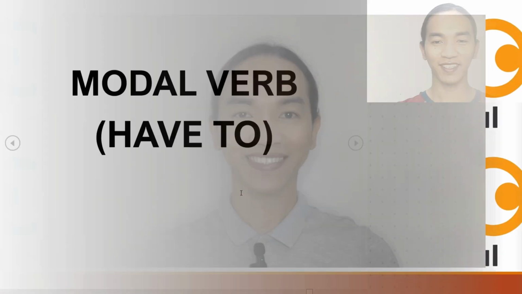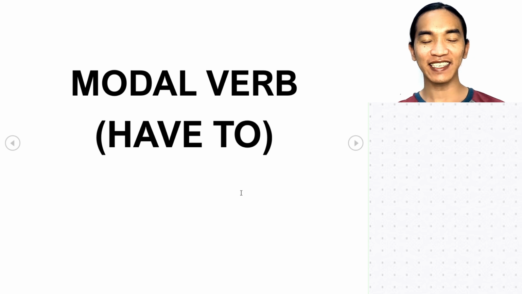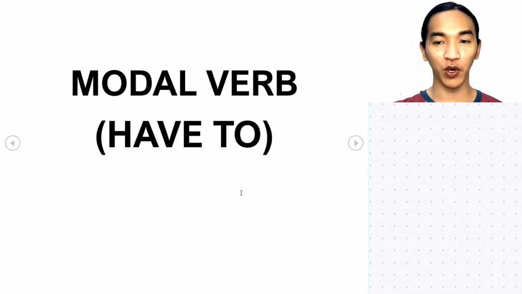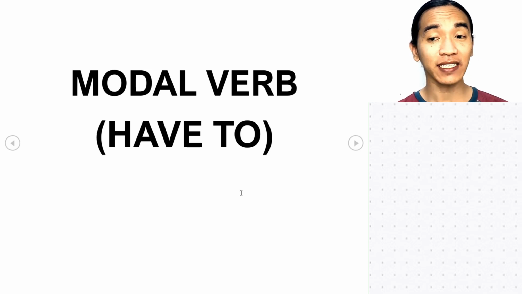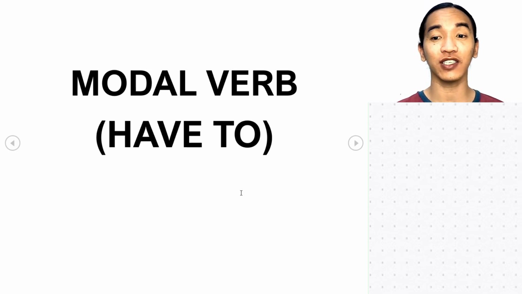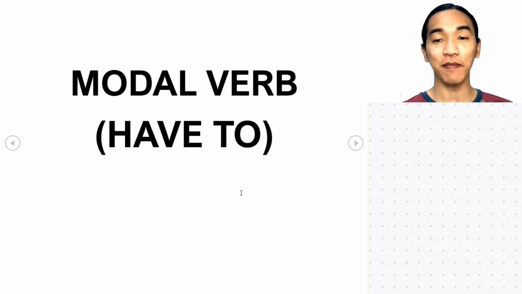Let's go. So, for today's video, let's go ahead and discuss one more modal verb that we have. So, which is have to. But to correct it, actually have to is not considered as a modal verb. In fact, it is just considered because of its grammatical function, just like a modal verb.